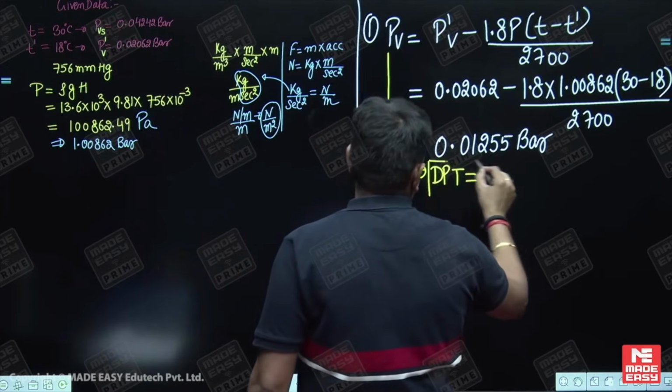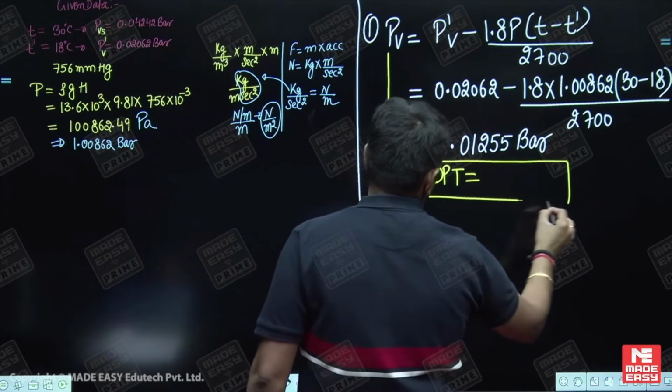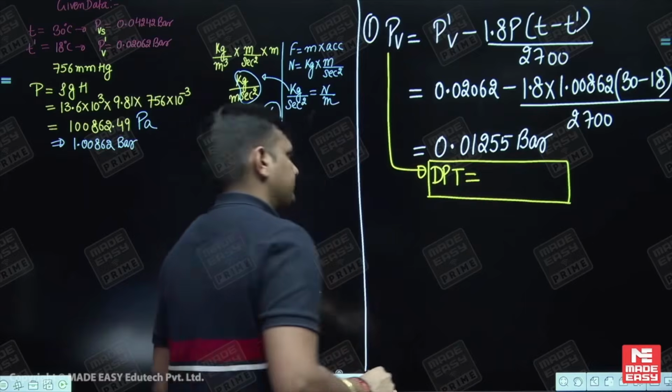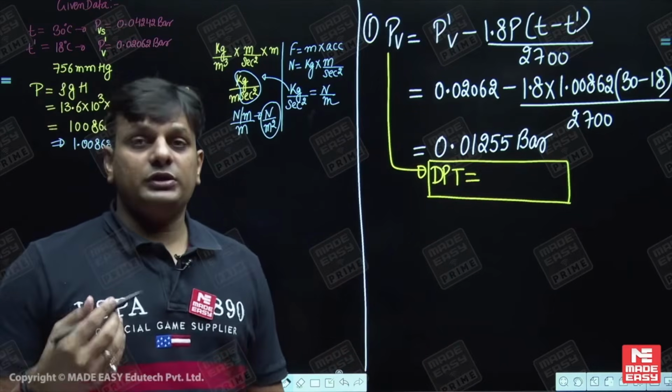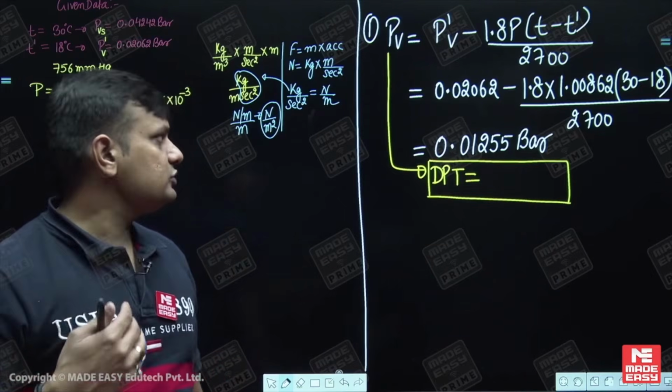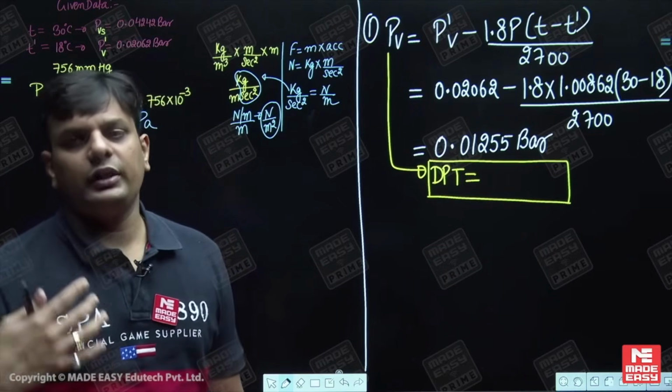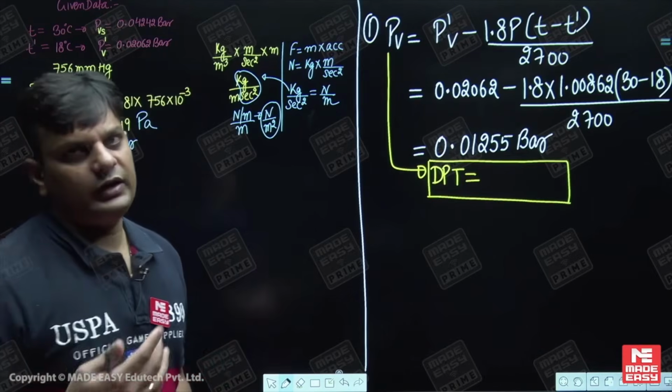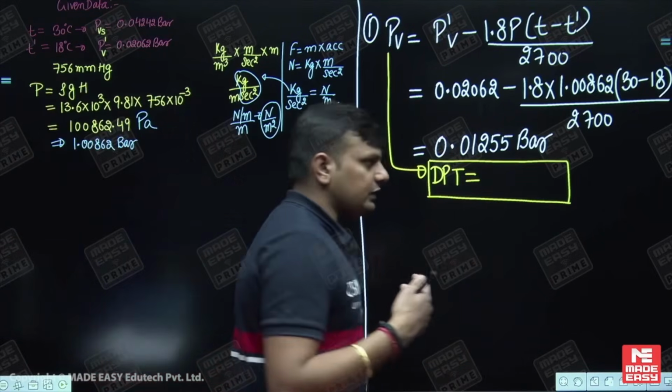From the steam table: if this is a subjective type question, they will provide you the steam table. If it is an objective type question, they will provide some 3-4 temperature values and pressure values, from which you can easily find the dew point temperature.